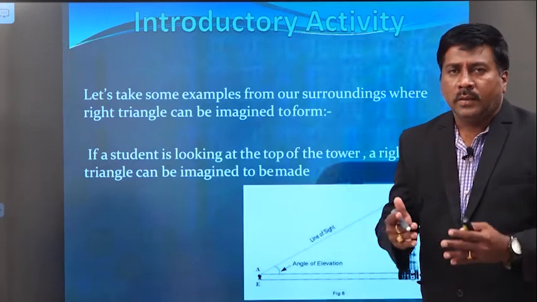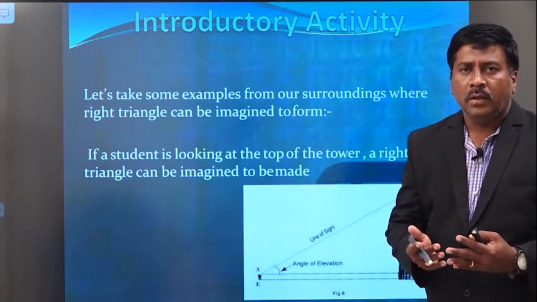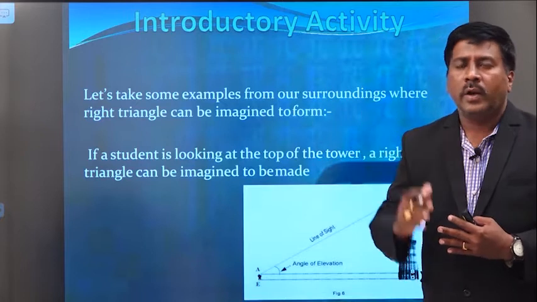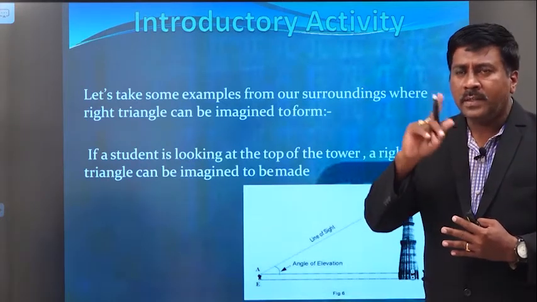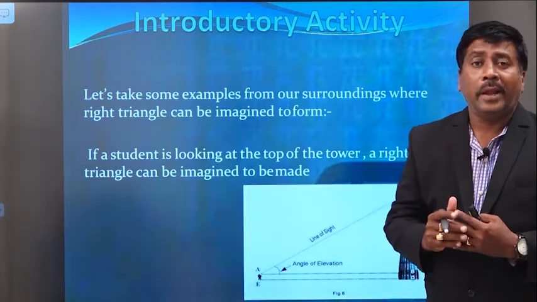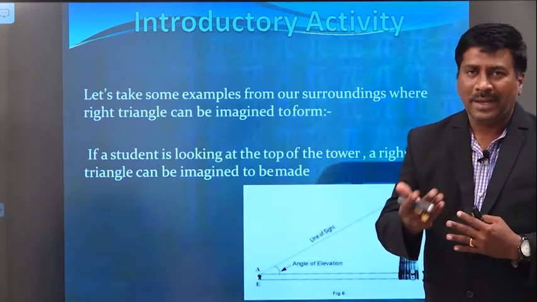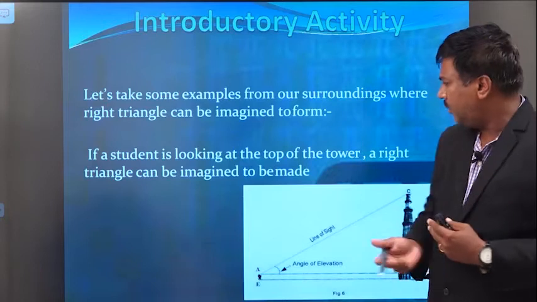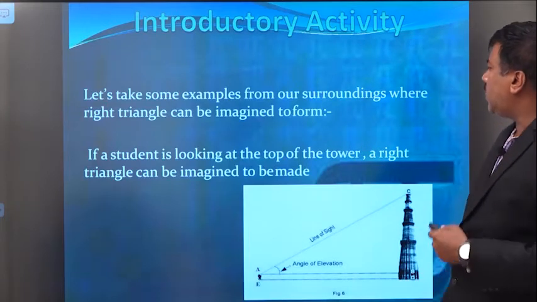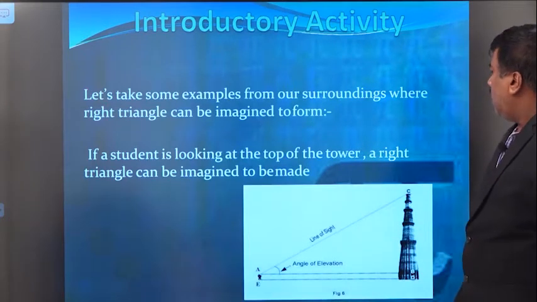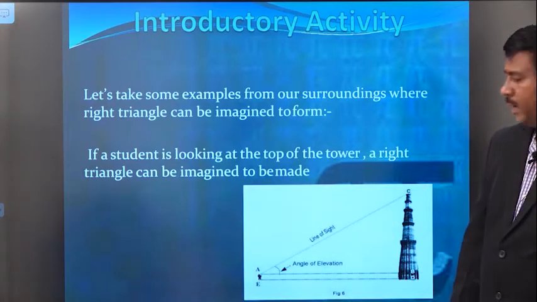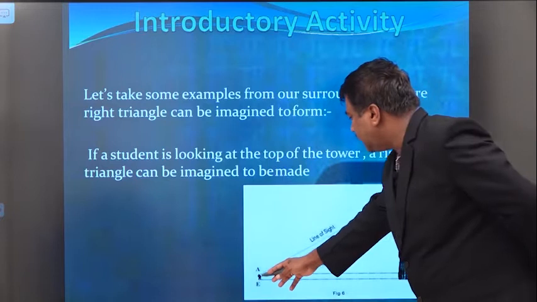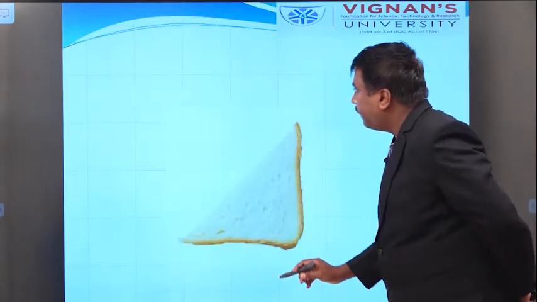Suppose a person is looking at the top of an object, then a right angle triangle is formed in our daily life. That is the best example. So if a student is looking at the top of a tower, a right angle triangle can be imagined to be made. Likewise, this is the person.